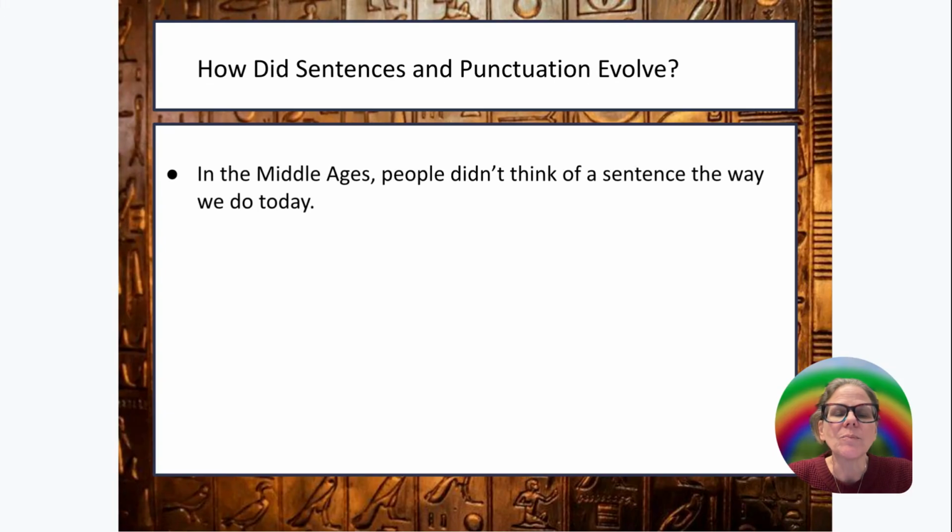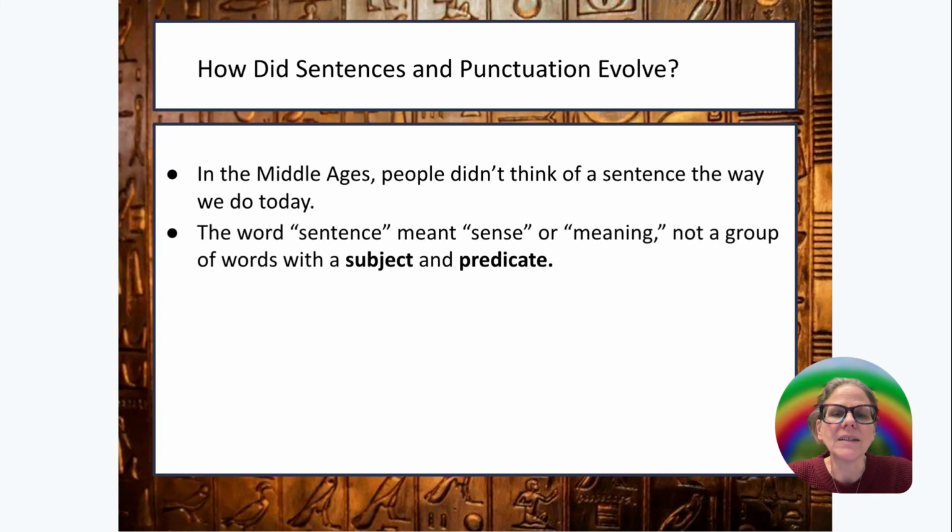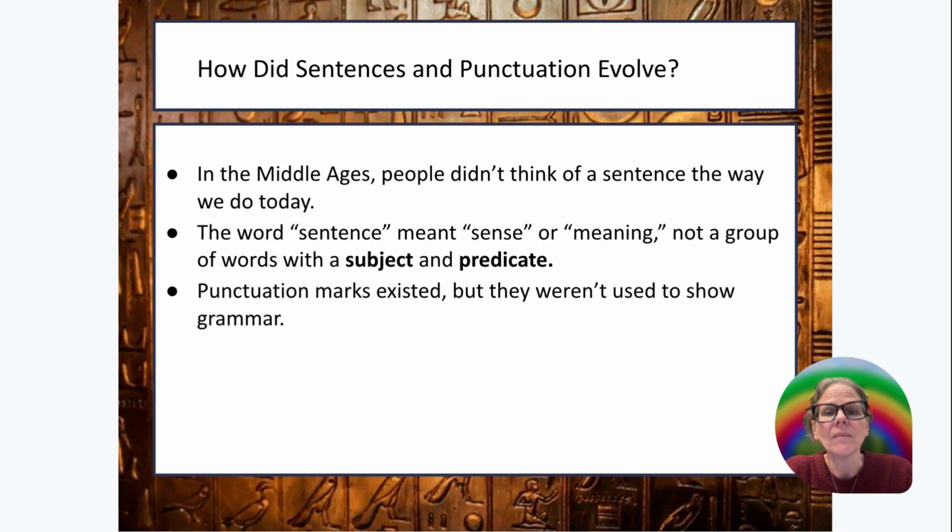In the Middle Ages, people didn't think of a sentence the way that we do today. So the word sentence meant sense or meaning. It wasn't necessarily a group of words with a subject and a predicate. If you could get your meaning across another way, in the Middle Ages, they considered that a sentence.